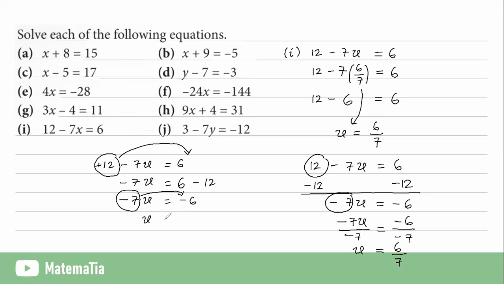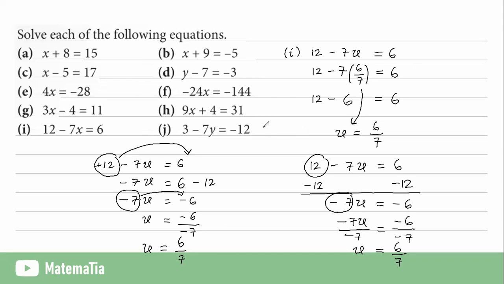So x is equal to negative 6 divided by negative 7. We know that a negative number divided by a negative number is equal to a positive number, right? It means x is equal to 6 over 7. So the solution of question I: x is equal to 6 over 7.